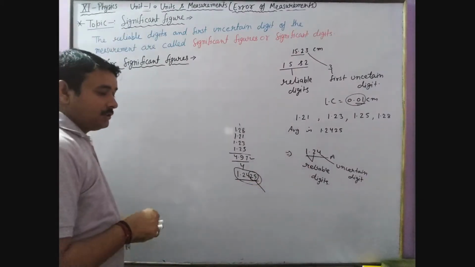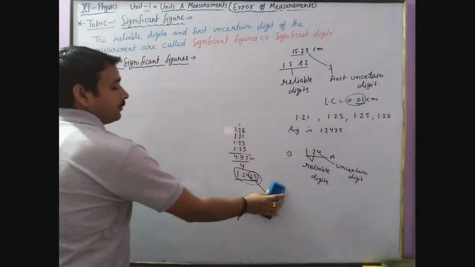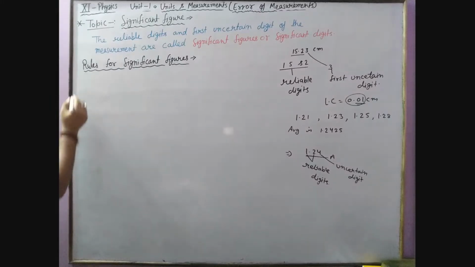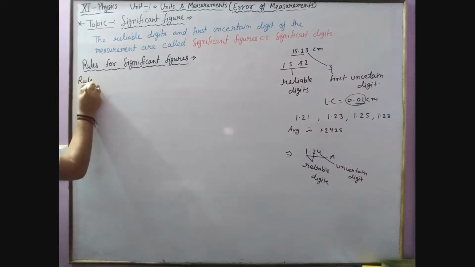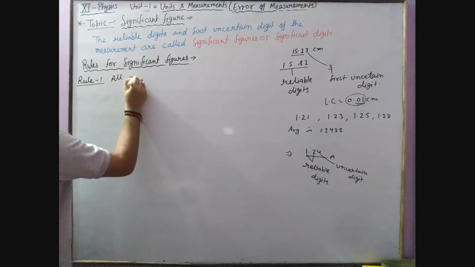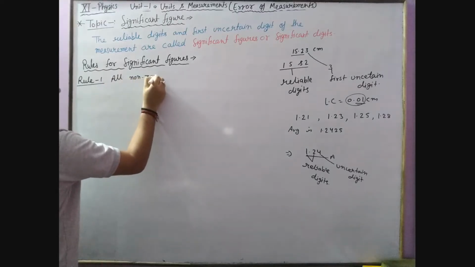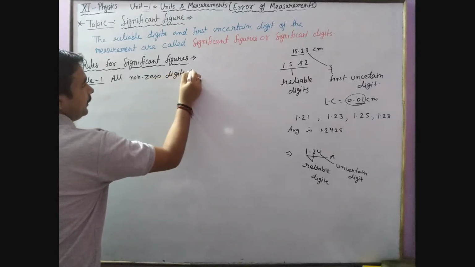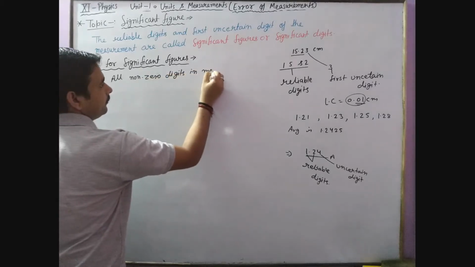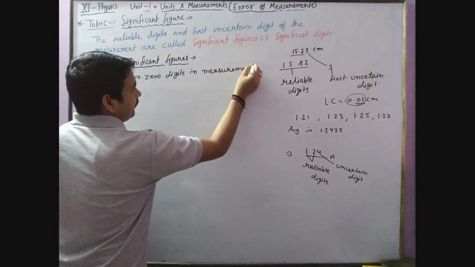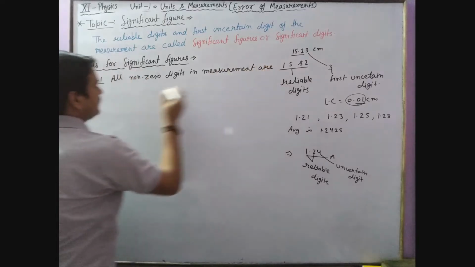Okay, now we understand the rules of significant figures. So we have the first rule, rule number 1: all non-zero digits in a measurement are significant.